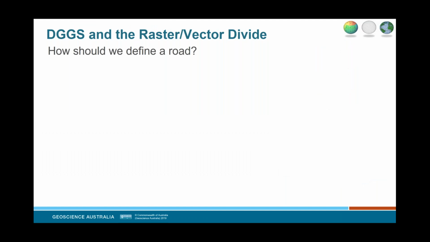But fundamentally, one of the big challenges we have when we're dealing with integrating data sets is the raster and vector divide. And this comes back to the delicious sort of irony of the work that Da Vinci did, and is that we have the raster vector divide from when we put maps into computers.